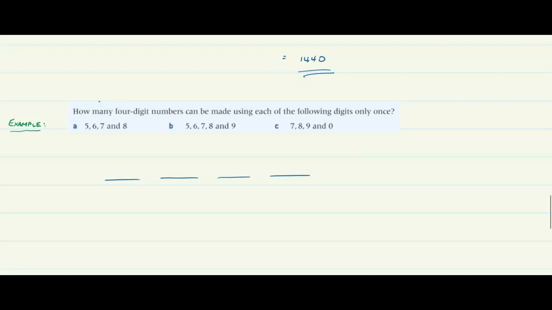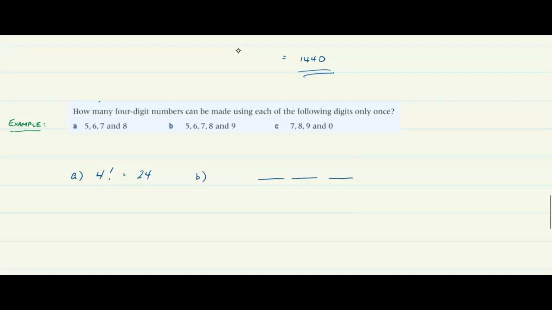So A will just be 4 factorial, because we're just finding all the different ways of arranging these distinct numbers so that we get a different number. So 4 factorial giving us 24. Okay, in the second example, 5, 6, 7, 8, and 9. So now we've got 5 digits to slot into 4 places. So we've got 4 spots, and I've got these 5 digits to get in there.